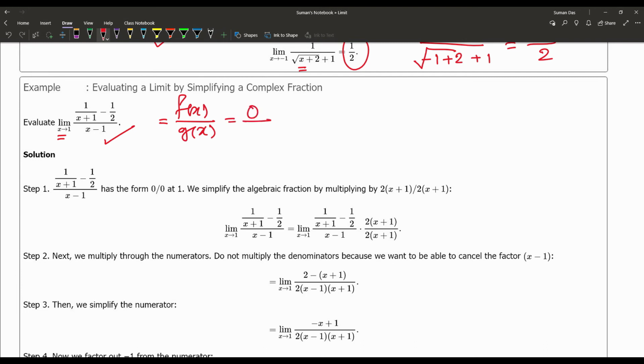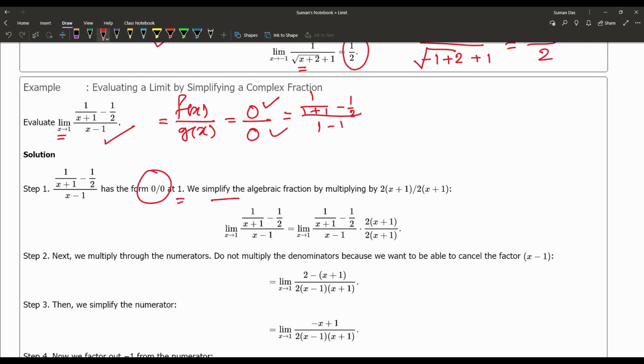It becomes 0 by 0. 1 by 1 plus 1 is half, minus half is 0, and the denominator is 1 minus 1. So that is 0 by 0 at 1.